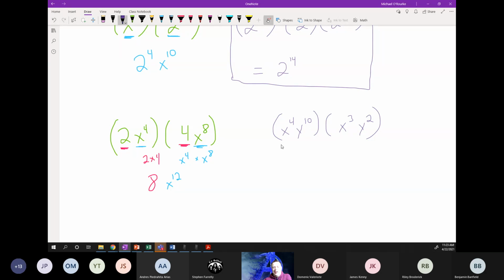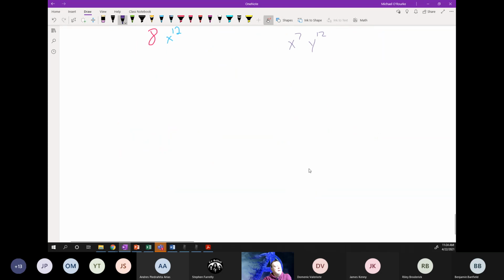So Dominic agrees with Riley. Logan does. Good. So that is correct. Because that would be x to the 4 plus 3 and y to the 10 plus 2, which would be x to the 7, y to the 12. Perfect. Now let's try this one then.